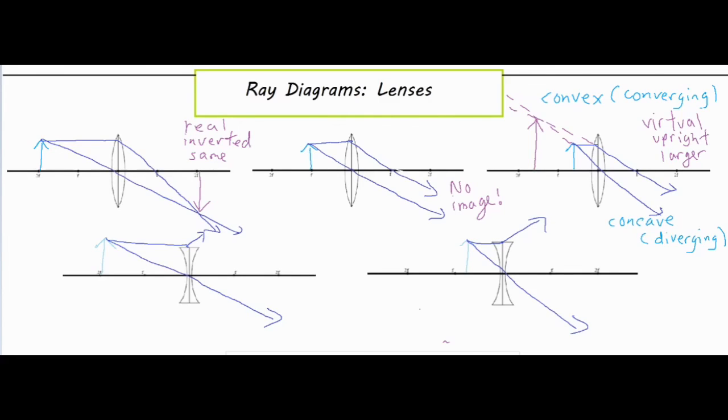All right, so if you take a look at both of the concave lens diagrams, they look fairly similar, in that they have one light ray going right through the center, just as we did with our other ones, and then we have one that goes straight.